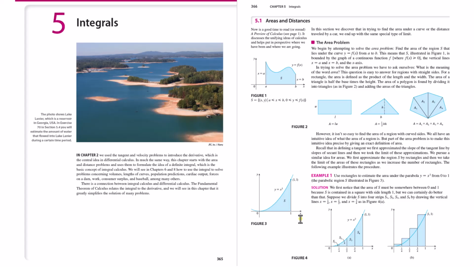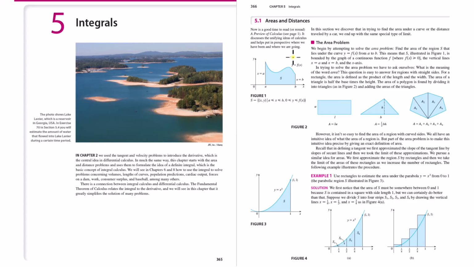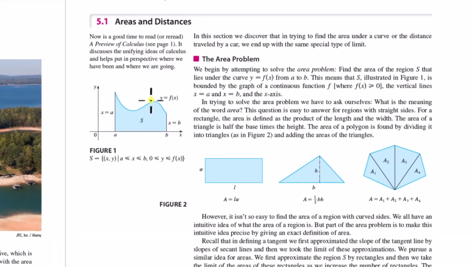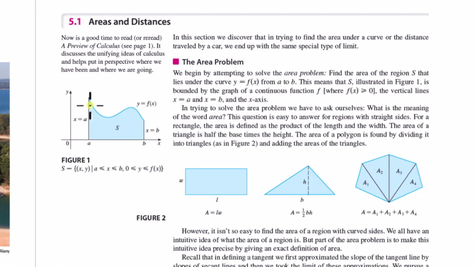But now the area and distance problems are concerned with, prior to calculus, if you were trying to find the area under this curve here, so you have this function f of x, and you want to find the area between the function curve and the x-axis from x equals a to x equals b, the area of this region S. Well, just as with the tangent problem, there was no official systematic way of finding the slope of the tangent line to a general curve at a point.